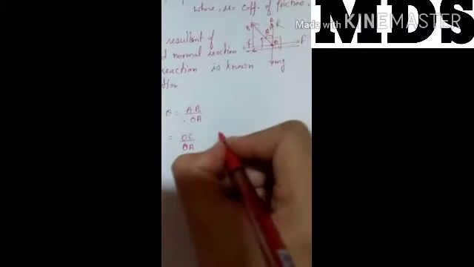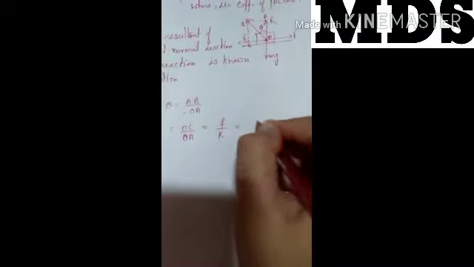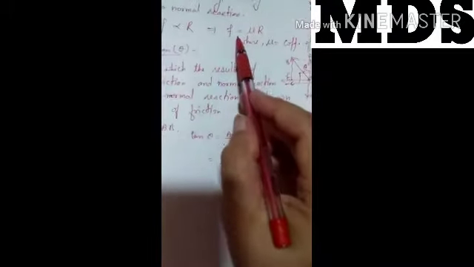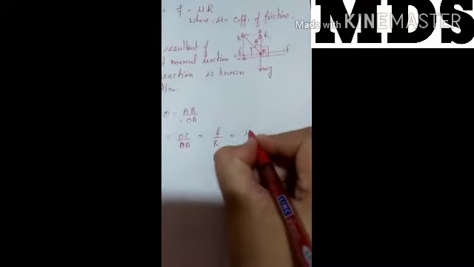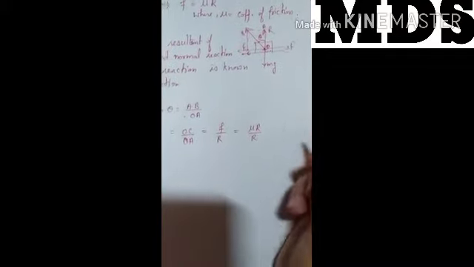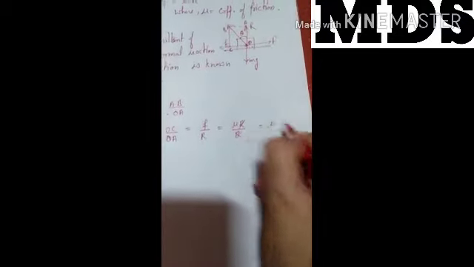Now we can write friction by R. OC is friction and OA is our normal reaction, so we write F by R. Friction is mu R, where mu is the coefficient of friction and R is the normal reaction, so mu R divided by R. R cancels out, leaving mu.